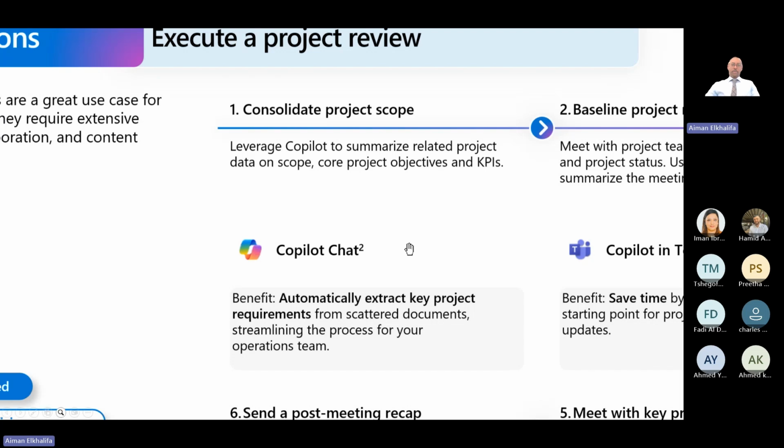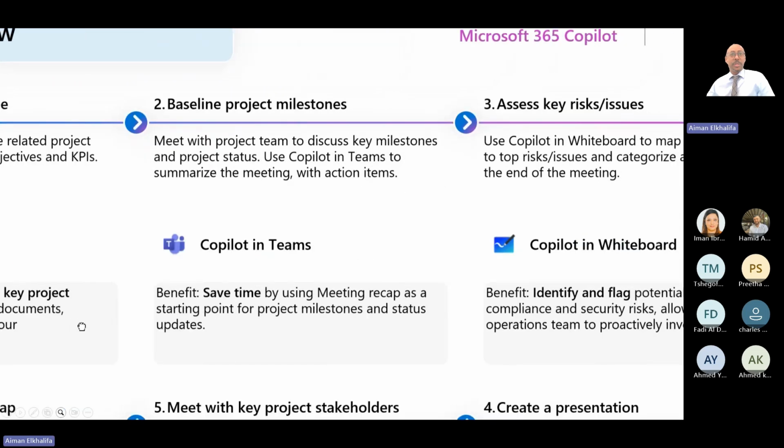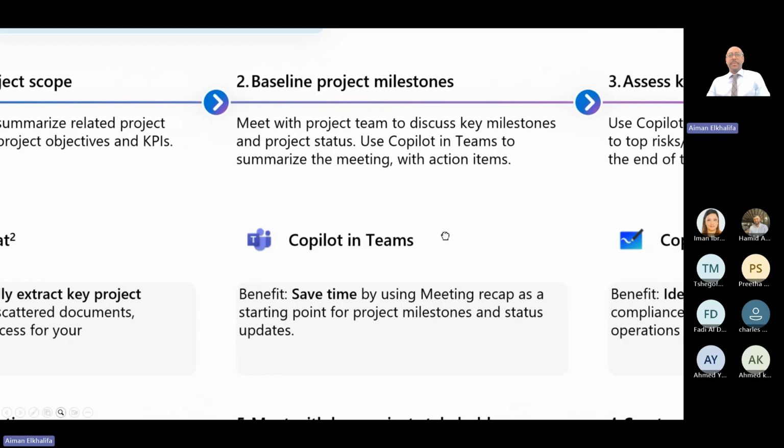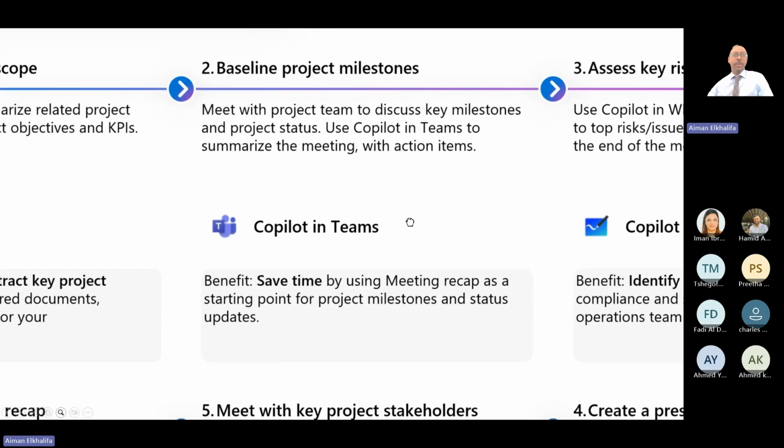Copilot can help you doing all of that. The benefit, you can automatically extract key project requirements from scattered documents all over your SharePoint and OneDrive, streamlining the process for your operation team. As long as everyone has access to this document, everyone can leverage Copilot to gather the information and draft what they want to draft.